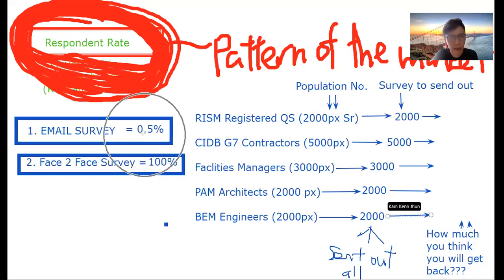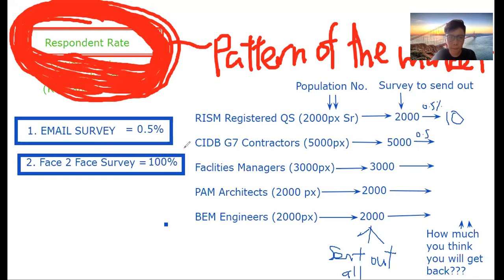Correct or not? So how many do you get back? 10. You get back 10 for 2,000. 0.5% is 10. Correct or not?